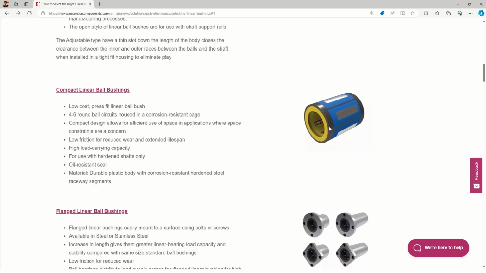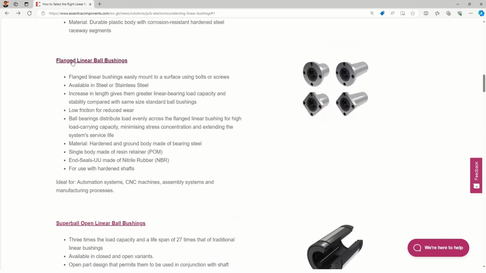Then we have compact linear ball bushings. They are low cost, press fit linear ball bushings, and as the name suggests, they are compact in size and also less costly. Then we have flanged linear ball bushings. These are widely used as they give an option of mounting, because otherwise you have to press fit them, and sometimes they come out.